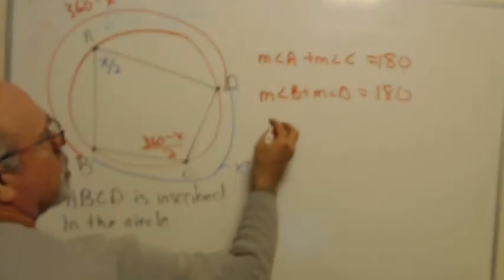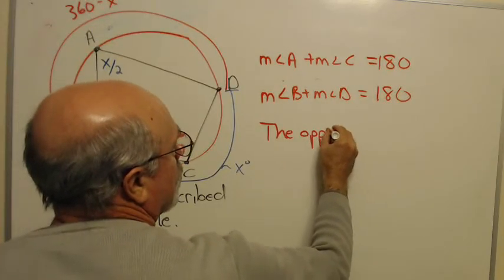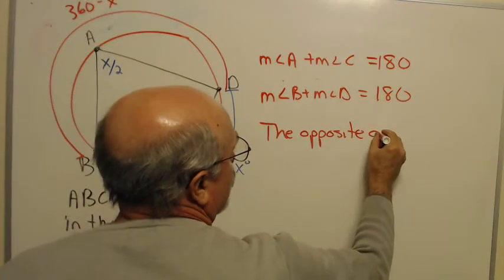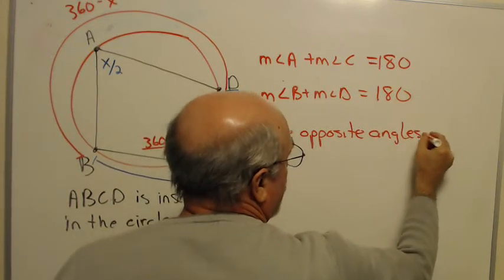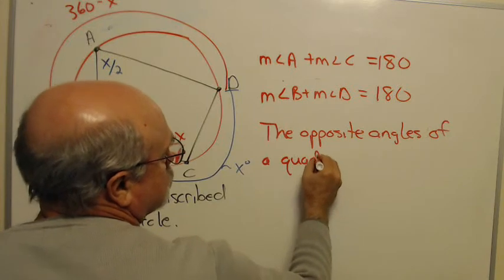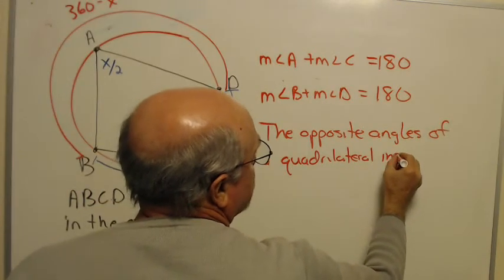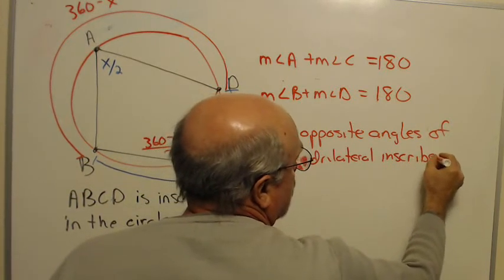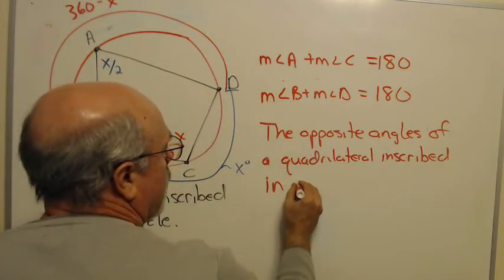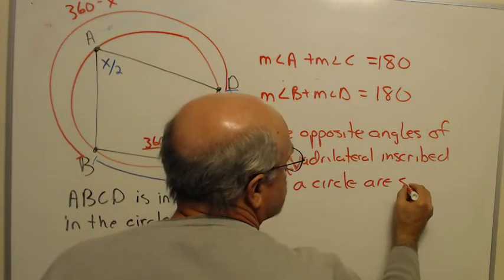In words, the opposite angles of a quadrilateral inscribed in a circle are supplementary.